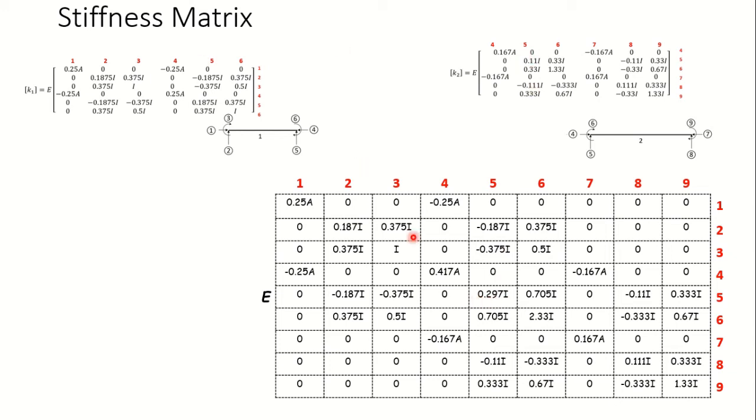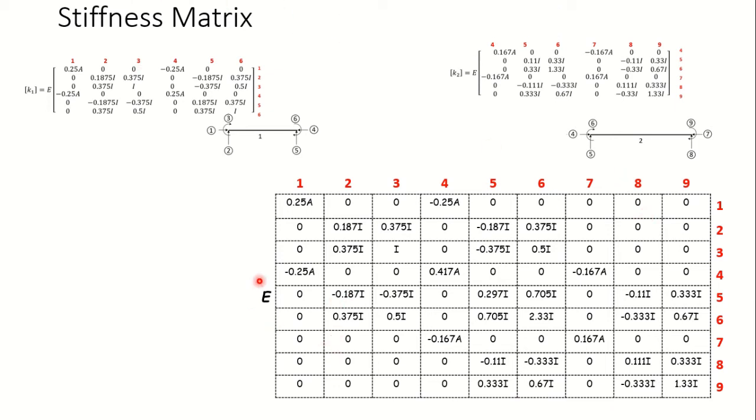Add them together, it will give you 0.297 times I. So this is what is taken care of while writing the elements in the entire global matrix for the beam. Okay, so it will be a matrix of size 9 by 9 over here.